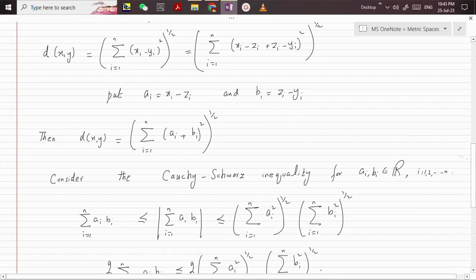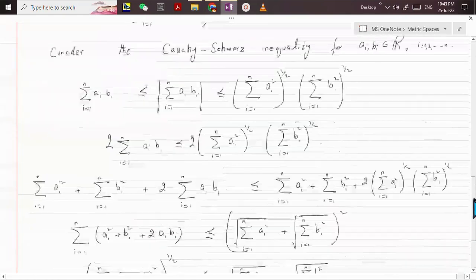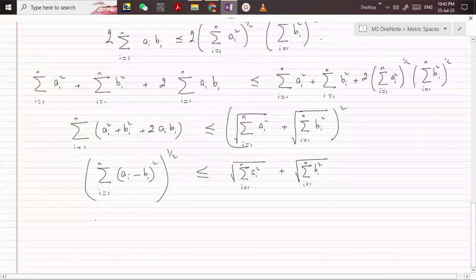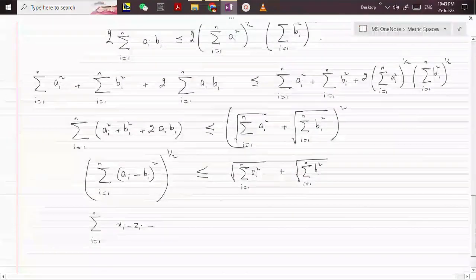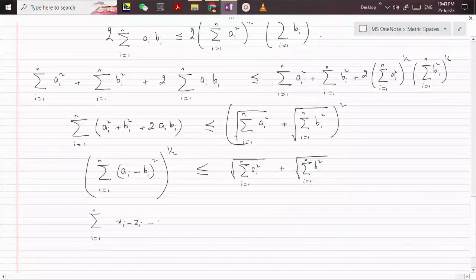So put the values once again. Ai is xi minus zi, and what is bi? Bi is zi minus yi.